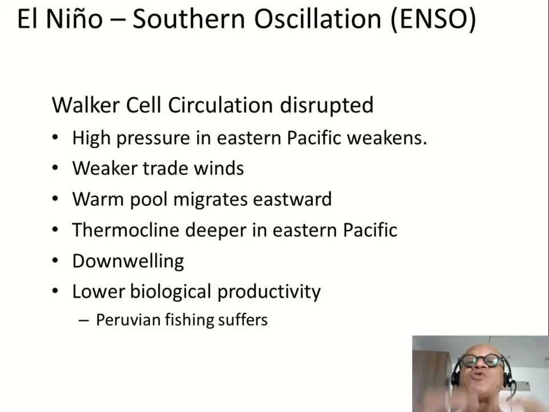And if you reduce upwelling, you're going to reduce the cold water that's coming up, the nutrients that are coming up, and you're going to reduce the primary production, which means the biological production goes down as well. So especially the Peruvian anchoveta industry, which is so big for so long, begins to suffer. So if you have predictions of El Nino, maybe the fishermen can plan better.